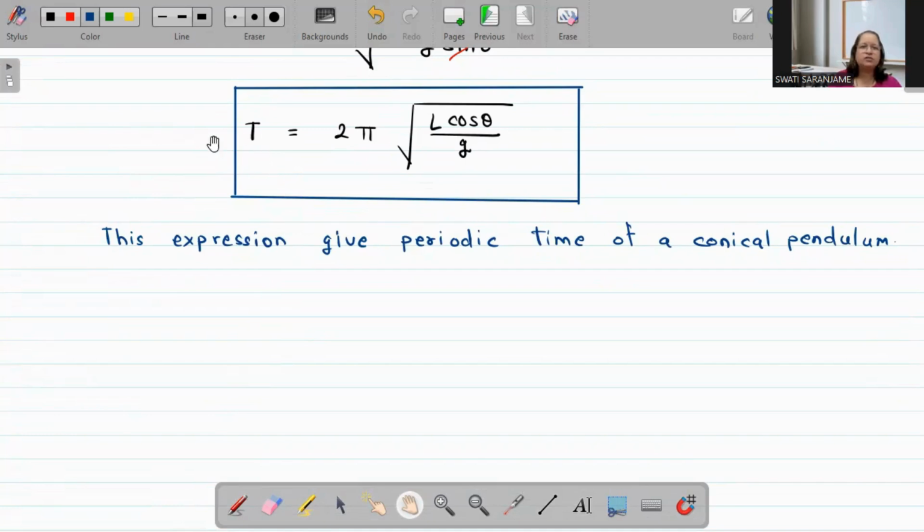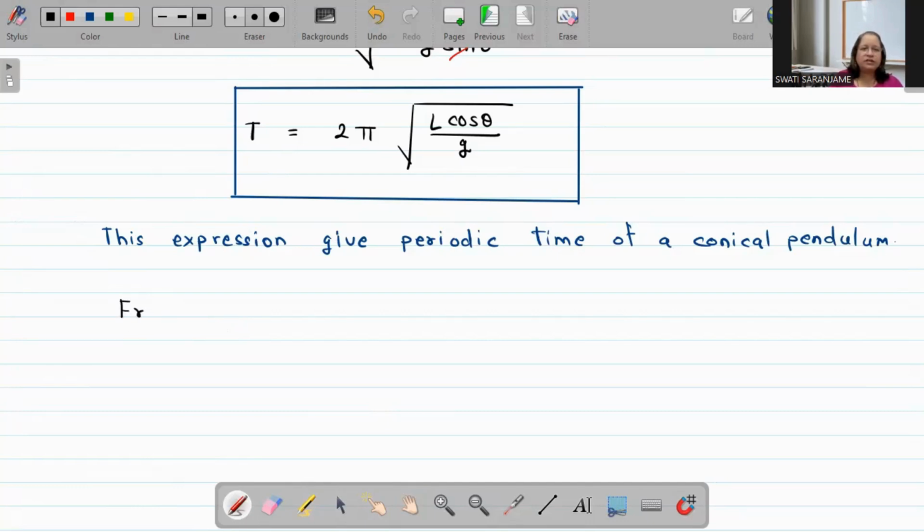So using this expression, we can write the formula for frequency. I'm not saying angular frequency. We are writing the expression for frequency: how many revolutions get completed in 1 second. So this equation for T will help us.